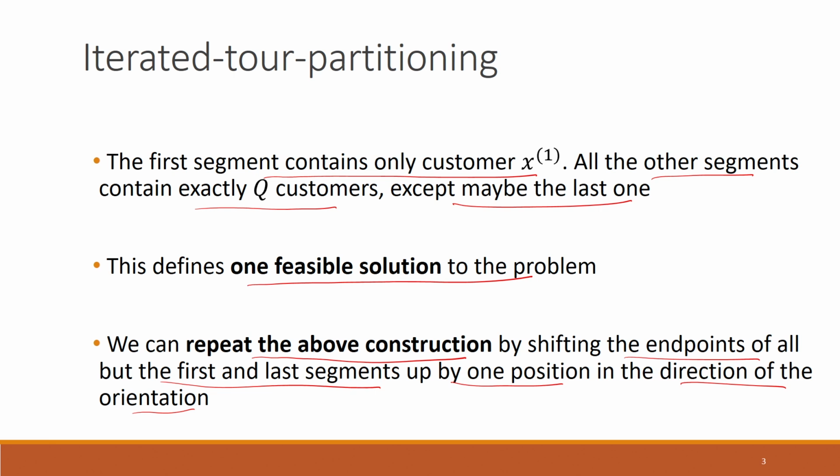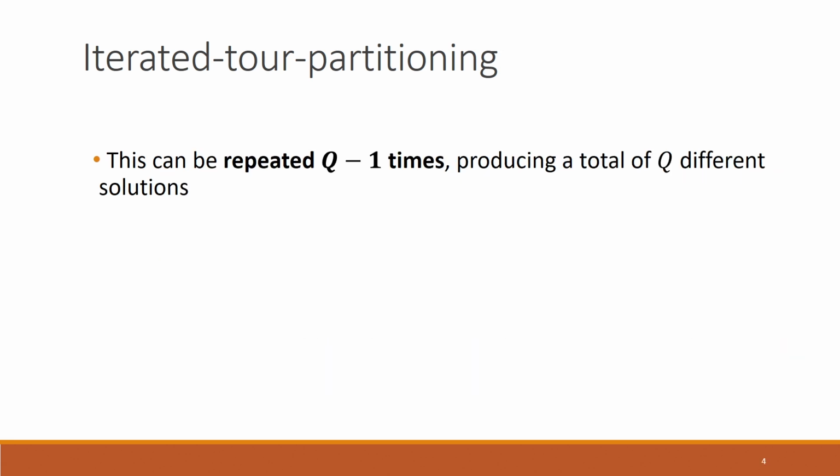Then for the next segments we put together the customers x3, x4, and then x5, x6. In that way we generate the next solution. In that example, it is not possible to generate further solutions because q is equal to 2, so every segment cannot have more than 2 customers. This procedure is repeated q minus 1 times, producing a total of q different solutions.